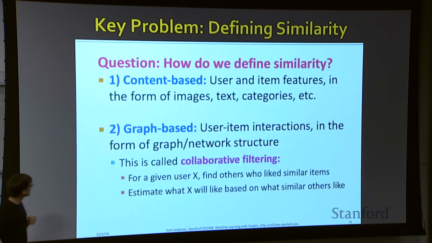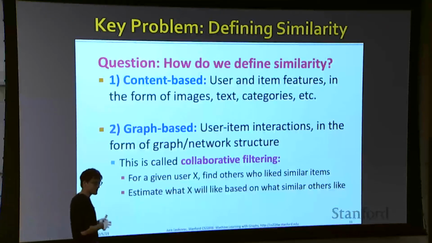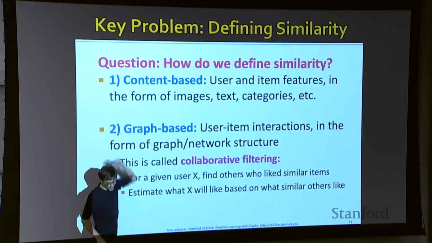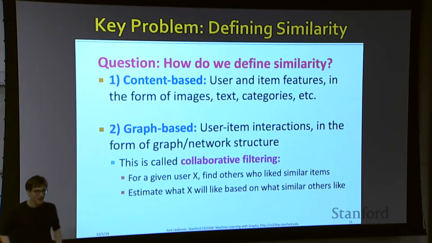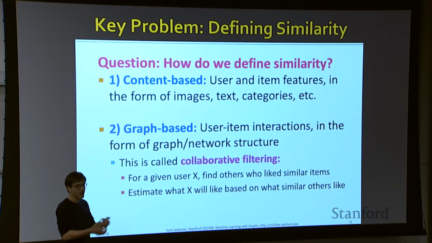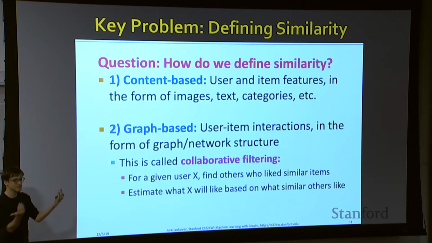So now the question is, how do I define this notion of similarity between objects or between items? And generally, there are two ways how you can do this. One way how people do this traditionally is what is called content-based, right? So we would say for every item, for every user, I have a set of features, and the similarity of two items is the similarity of the corresponding features, right?